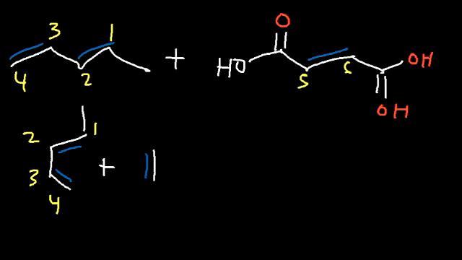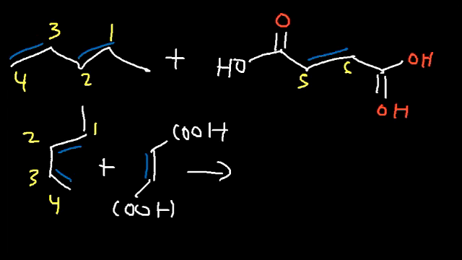And notice that it's in the S-trans form, which means that the carboxylic acids are trans with respect to each other. So this is really what we have. So now we could draw the product. So we know we're going to get a 6-carbon ring as always. And we have a methyl group on carbon 1.